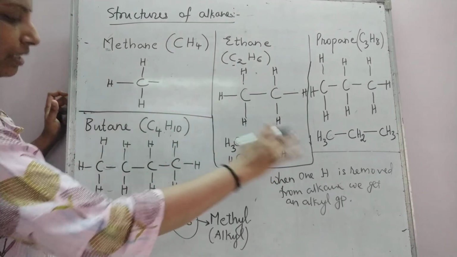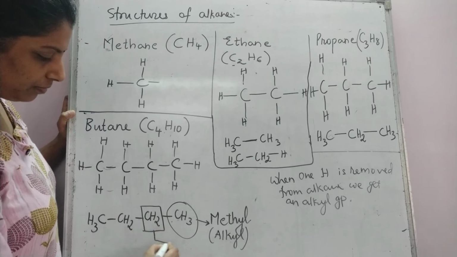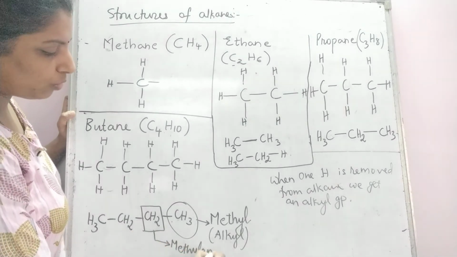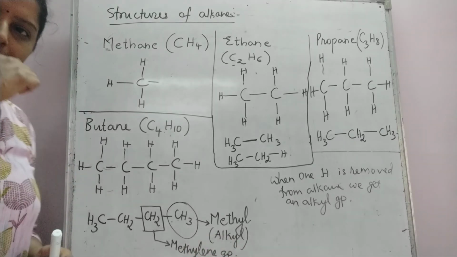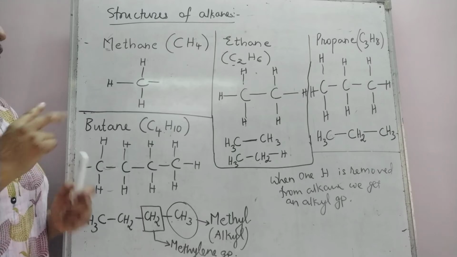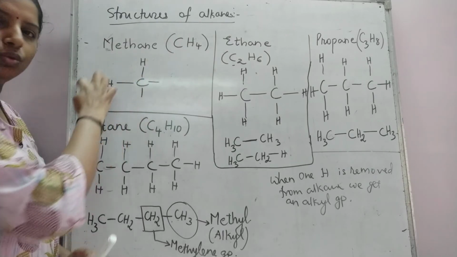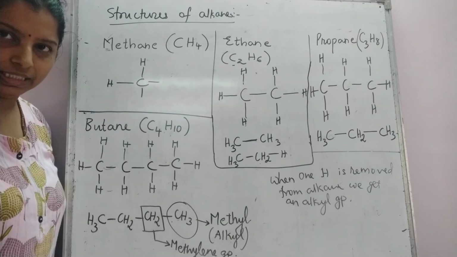Now in all these compounds, can you find this group CH2? This is called as methylene group. What is it called? It is called as methylene group. When you remove one more hydrogen from methane, you get CH2 group. Okay, methylene.